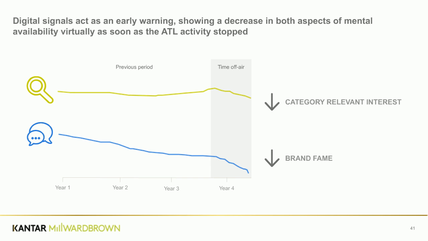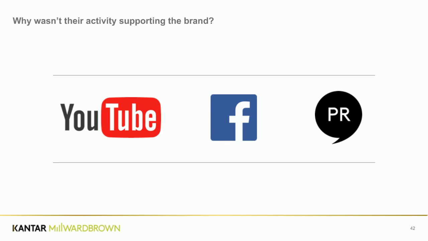So in this instance, the digital signals, because they're available very quickly, were able to act as an early warning system for the brand and tell them that maybe what they were hoping would happen with this supporting activity wasn't succeeding as much as they would hope, so maybe they need to look into whether they could do something different, which is exactly what we did.